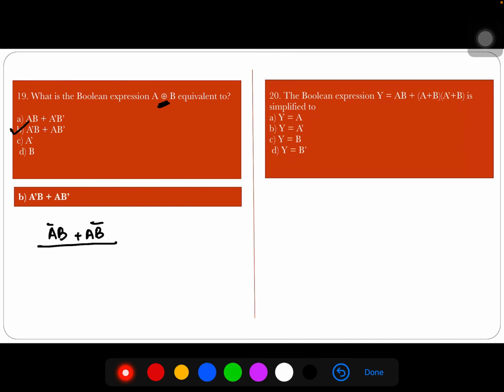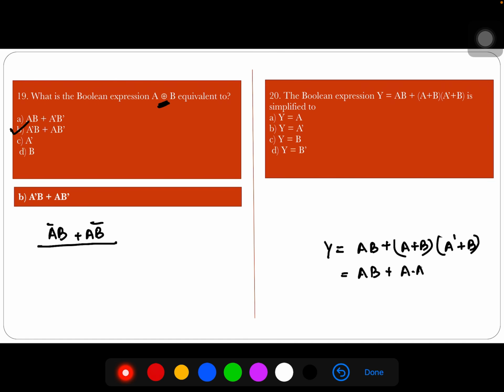Next question, the Boolean expression Y is equal to AB plus (A plus B) into (A bar plus B) is simplified to. You can apply the Boolean laws over here. So let's solve it. This is the expression given. Let's multiply or open the brackets first of all.